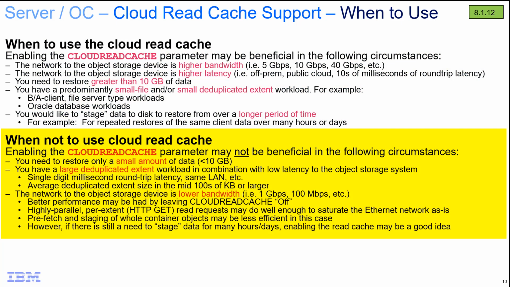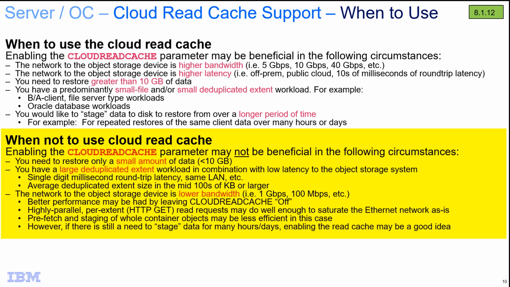Now, you don't want to use cloud read cache if you are only restoring a small amount of data, so less than 10 gigabytes. If you have a large deduplicated extent workload combined with low latency to the object storage system, so this might be single-digit millisecond round-trip latency and an average deduplicated extent size in the mid-100s of kilobytes or larger.